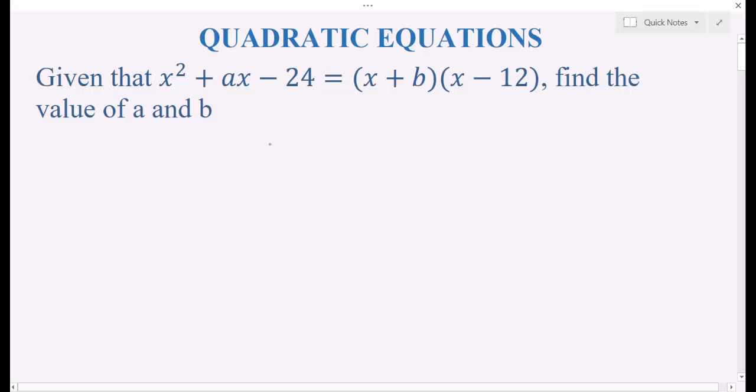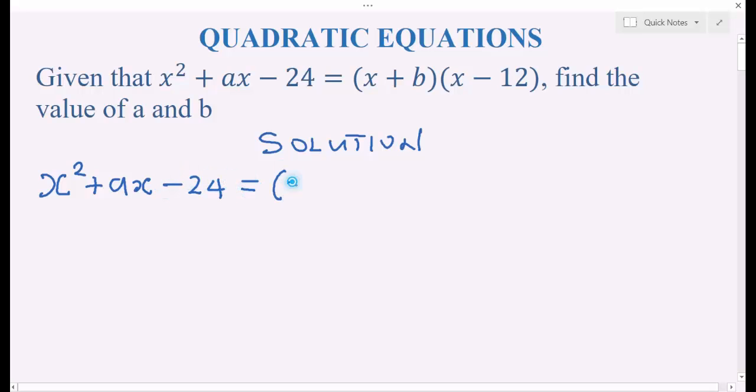What we understand is that the solution is that x squared plus ax minus 24 on the left hand side is equal to (x plus b) into (x minus 12).